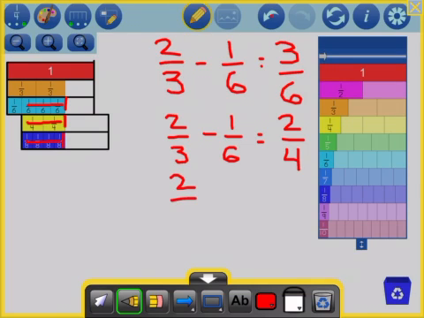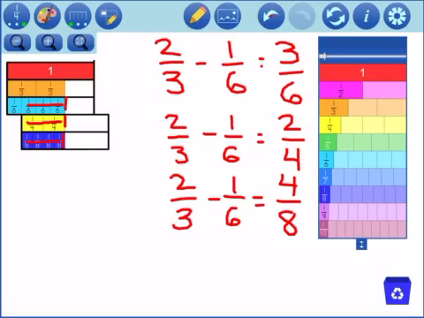So I could do 2/3 minus 1/6 also equals 4/8. Okay, so any of these 3/6, 2/4, or 4/8 are all acceptable answers because they all fill in that difference in that space when we took away 1/6 from 2/3.